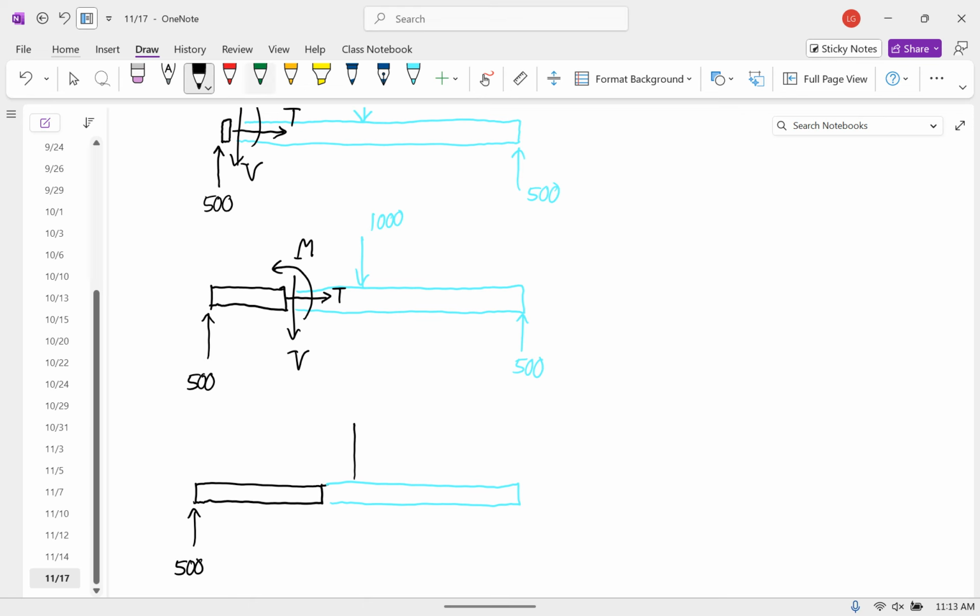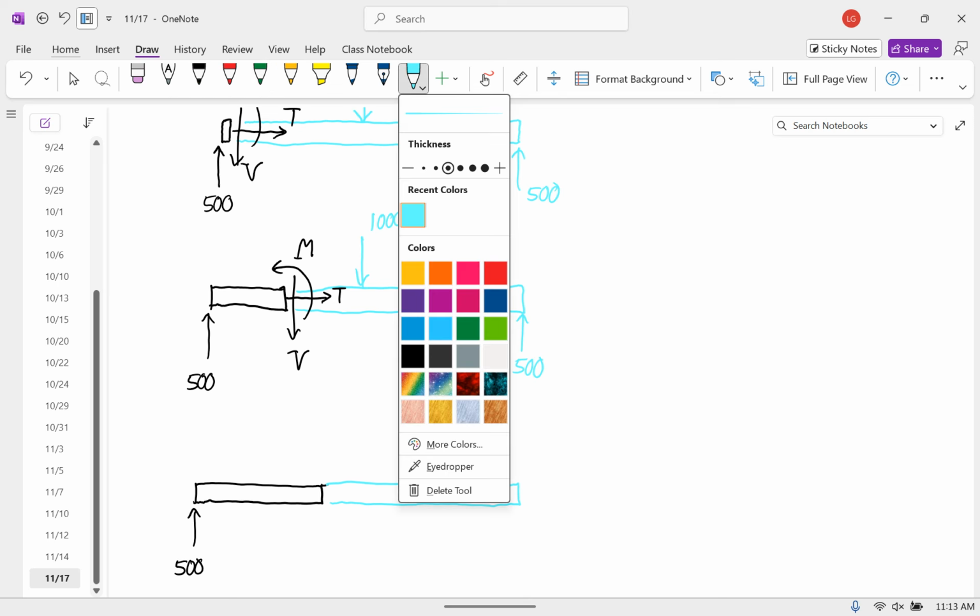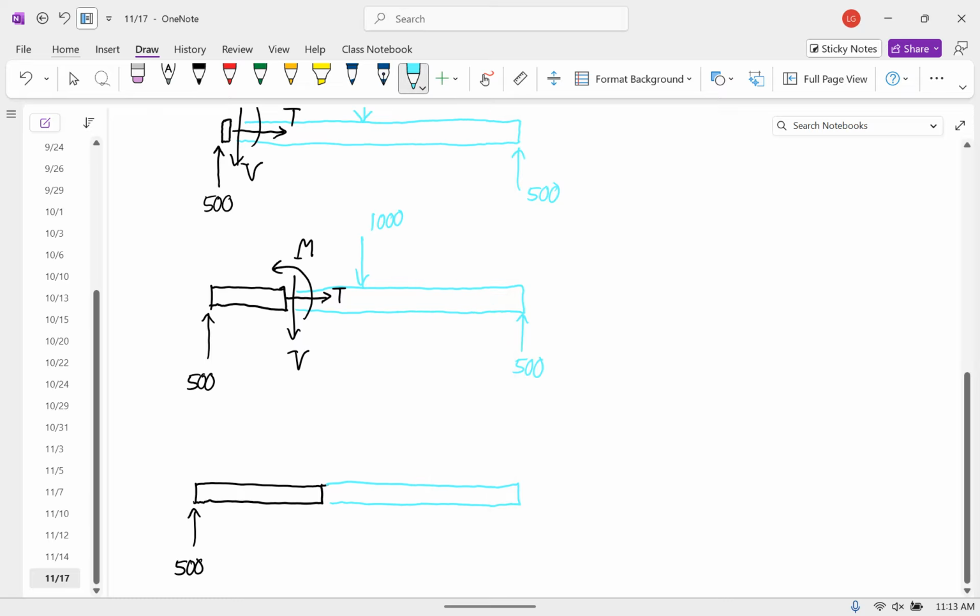The 1000 is not acting on our chosen body, and this other 500 isn't acting on our chosen body. And then we have our internal loads T, V, and bending moment M.